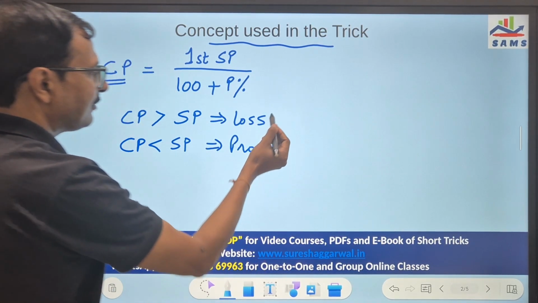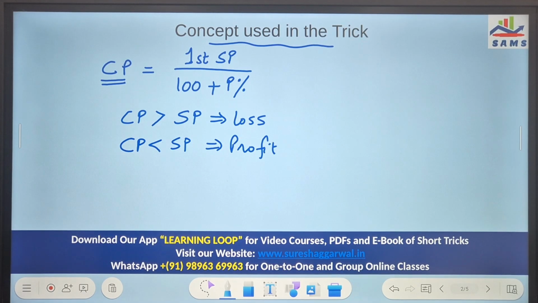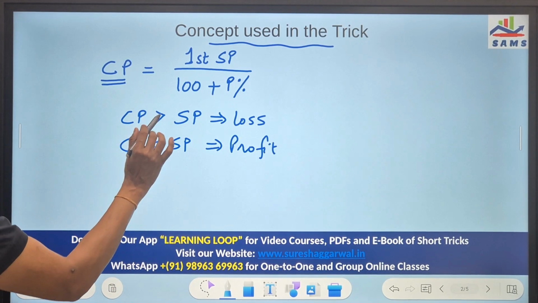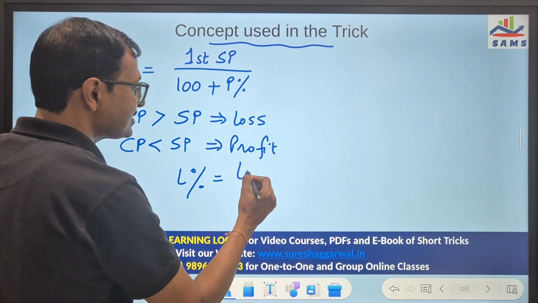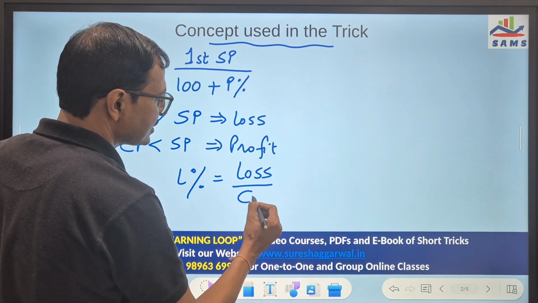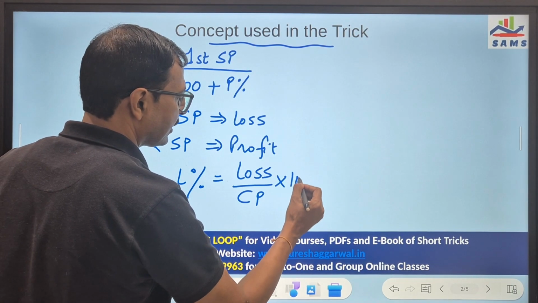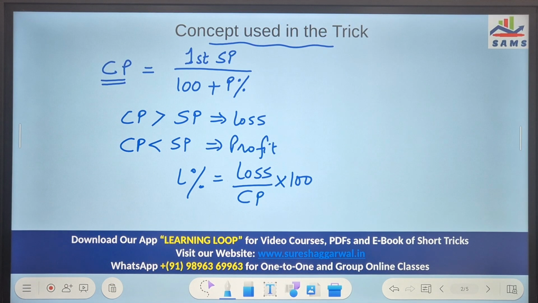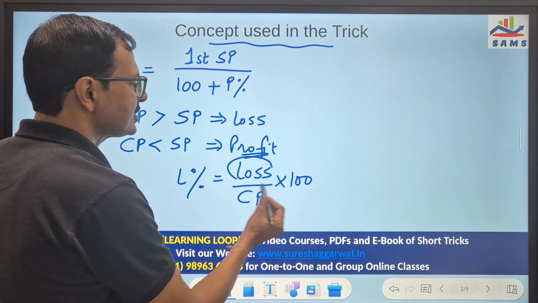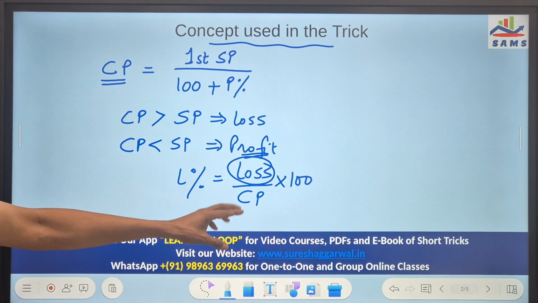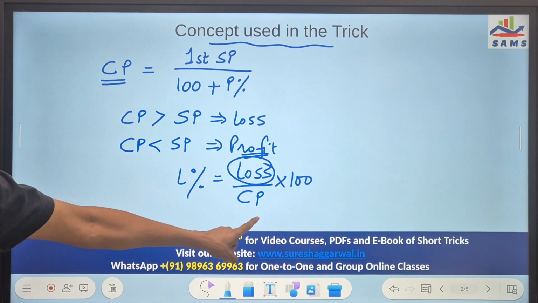And ultimately we have to find the percentage profit or percentage loss. So if we have to find the loss percent, we will do how much is the loss divided by the cost price times 100. That will give you the loss percent. And similarly, if it is profit percent, then this loss is replaced by profit, but it has to be calculated on the cost price only.